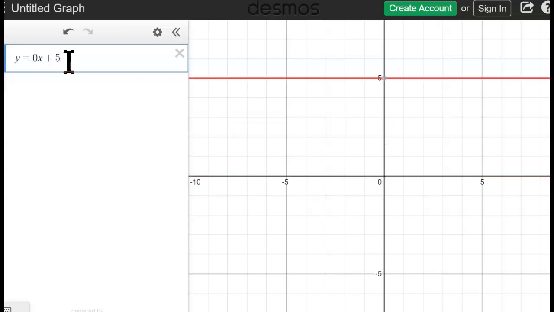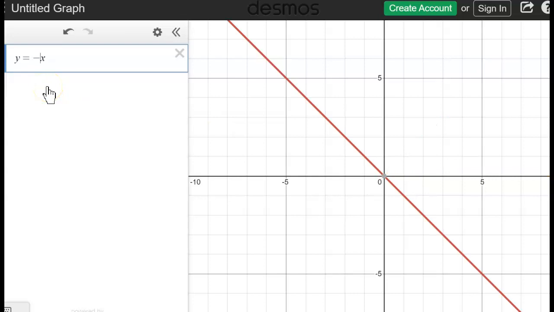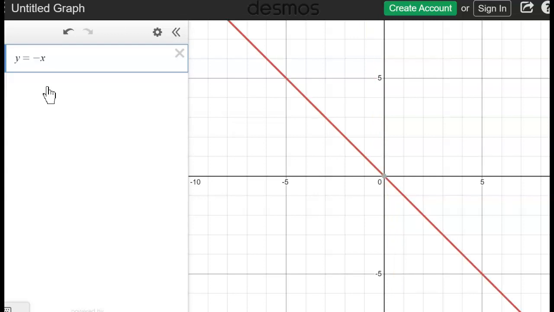So as my slope gets bigger, what happens? As my slope gets bigger, it gets close to being a vertical line. As my slope gets smaller, it gets closer and closer to being a horizontal line. But what happens if I go -5, -6, -7, -8, -9, -10?